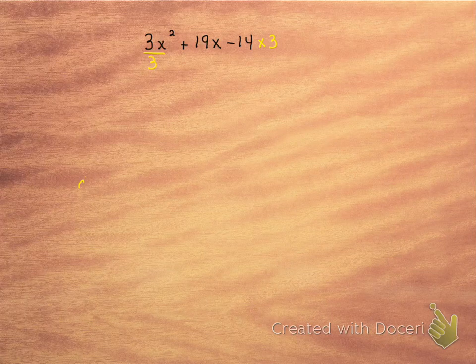So 3 divided by 3 will give us the polynomial that begins with a 1, and this is our temporary polynomial. x squared plus 19x minus 14 times 3 is 42.